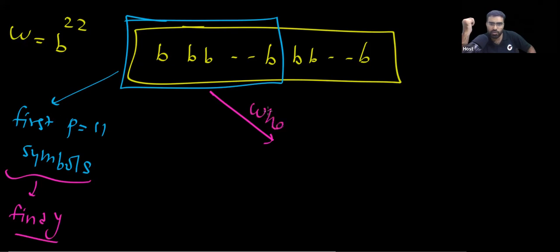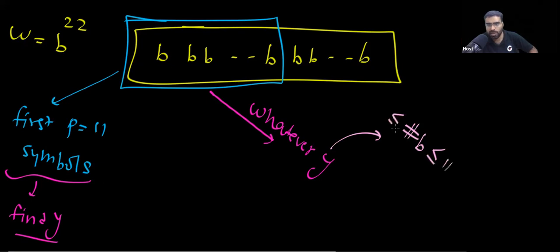So whatever y you take, how many b's will be there in this y? Whatever y I take, you will have maximum 11 b's, minimum 1 b. Now, if I repeat it 0 times, what are the possible resulting strings?